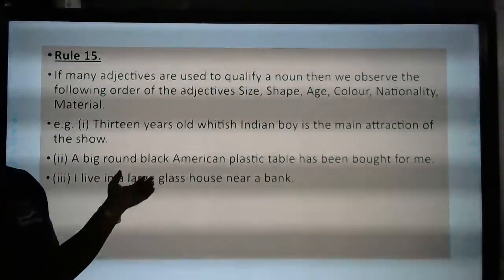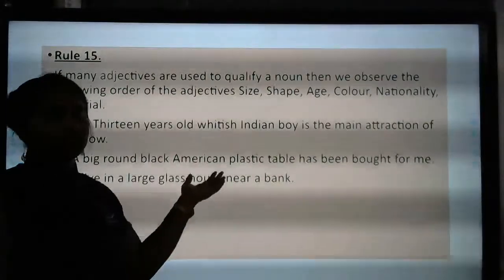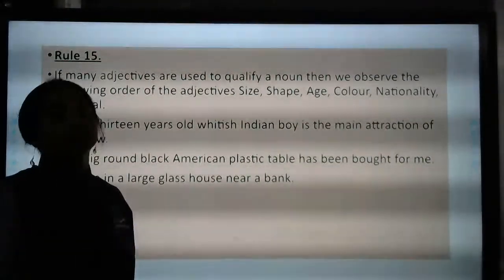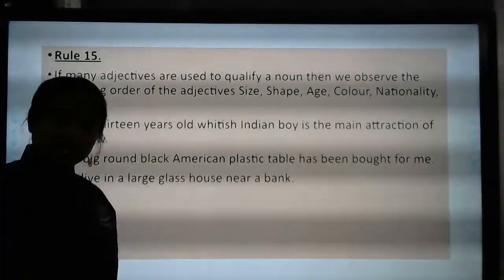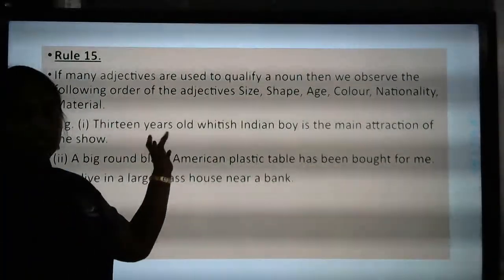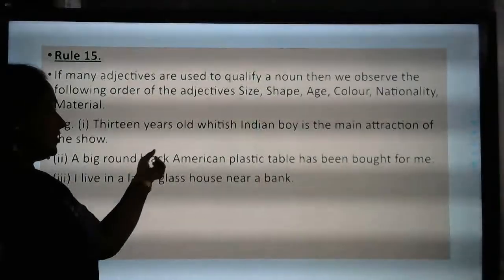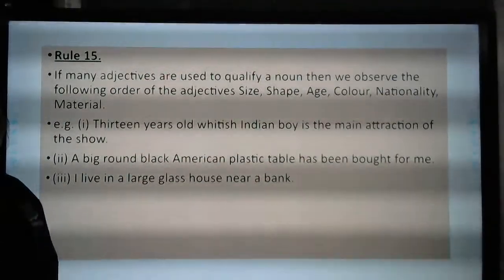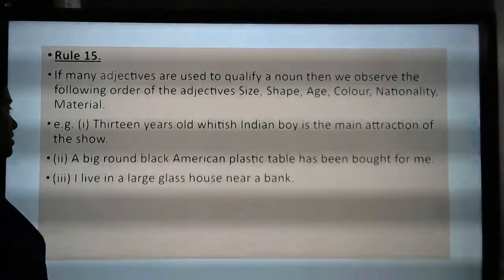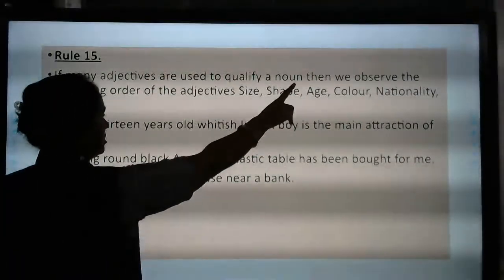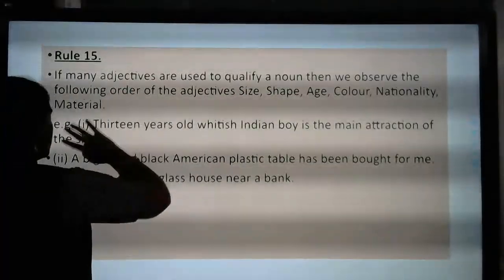So such a type of sentence you are able to see while we are using this knowledge for solving the question, identify the error. While spotting the error, we have to be very alert when we see such an arrangement. For the same noun, when many adjectives are used, they must be arranged in the same way: size, shape, age, color, nationality, and then material.